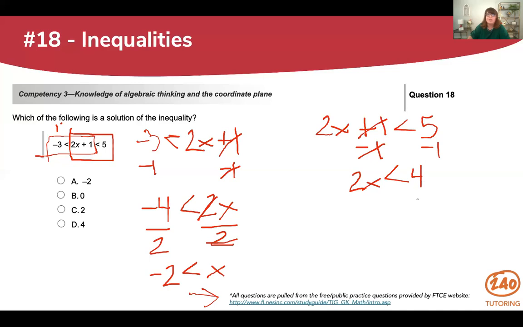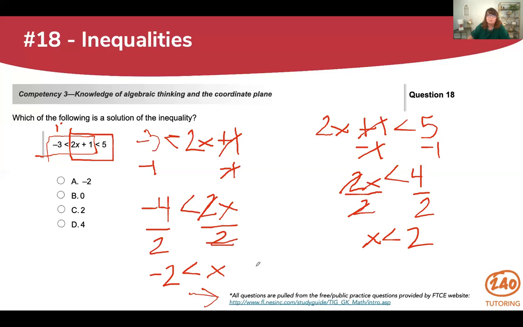Now I've got to isolate that x, same thing I did over here. This implies multiplication, so the inverse operation would be divide. Whatever I do to one side, I have to do to the other. Those 2's cancel each other out, and I'm left with x is less than 4 divided by 2, which is 2.